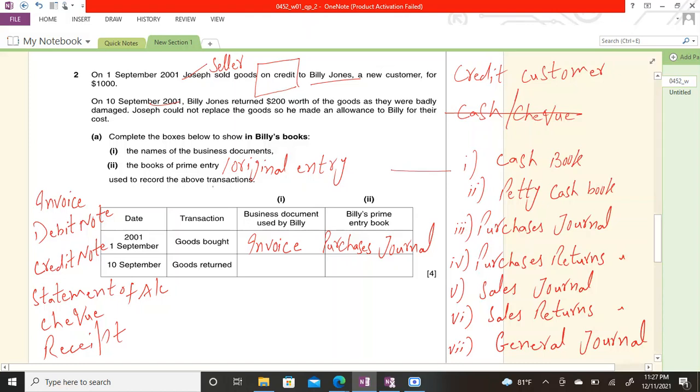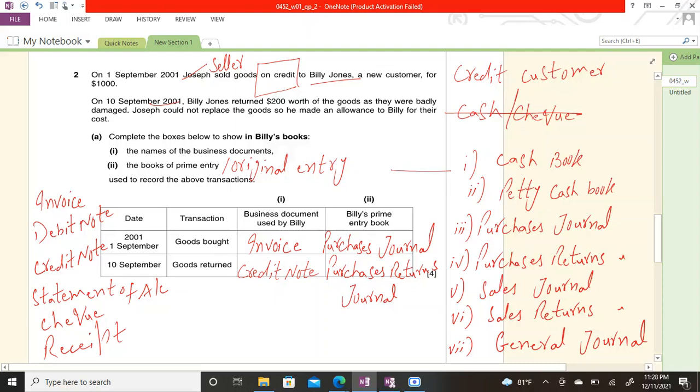As Billy receives the credit note, he will write this in his purchases returns journal. So the business documents section is done, and the books of prime entry section is done.